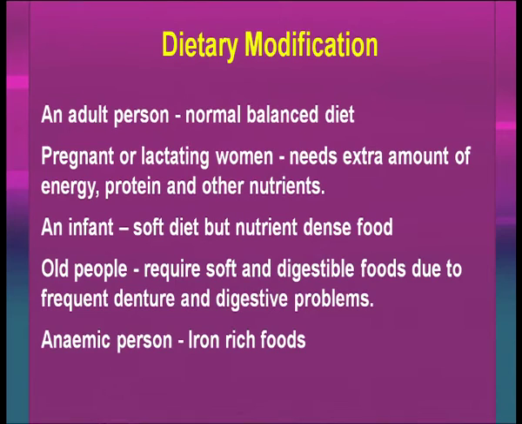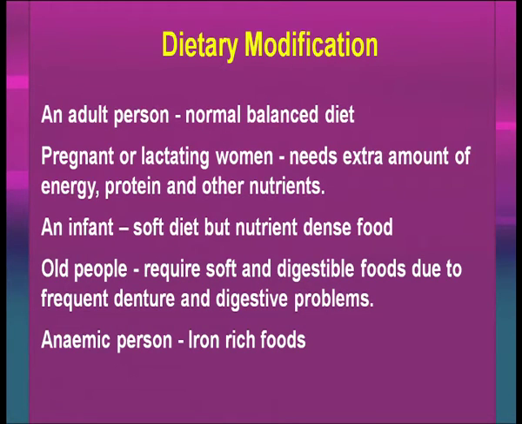An adult person requires a normal balanced diet. Of course, everybody needs a balanced diet, but with the change in factors we have just talked about, there is a little change in the other factors also. During pregnancy or lactation, there is a need for extra amount of energy, protein, iron, folic acid and other nutrients. During infancy, there is a need for soft diet but nutrient dense foods.